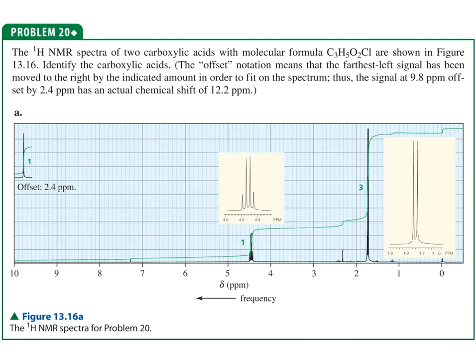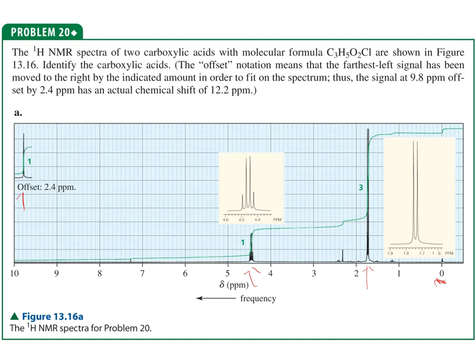So I'm looking at this NMR, and I am seeing my TMS upfield here. I see a major signal that's happening here. I'm seeing another major signal that's happening here.